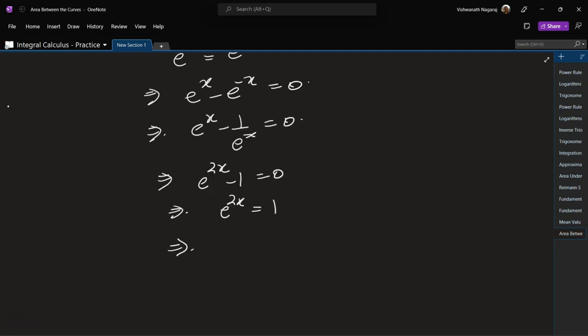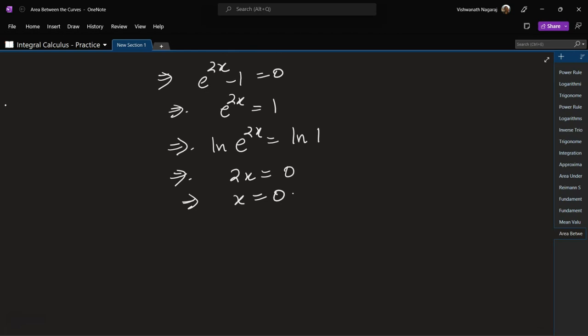Now we have to take care of e. So ln of e to the power of 2x is equal to ln of 1, which implies 2x equals 0, which implies x equals 0. So this is where the intersection is.